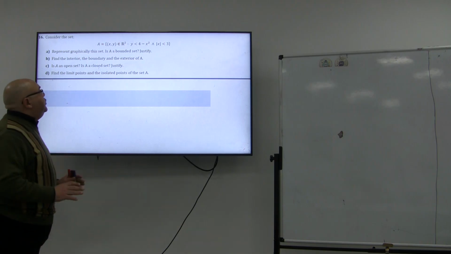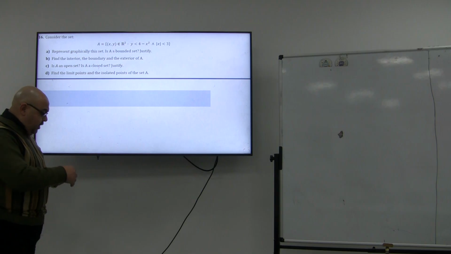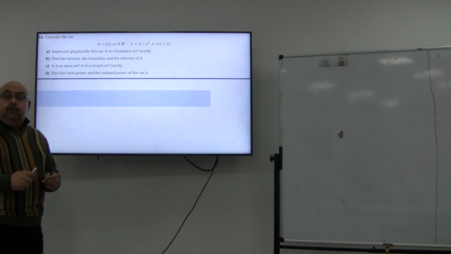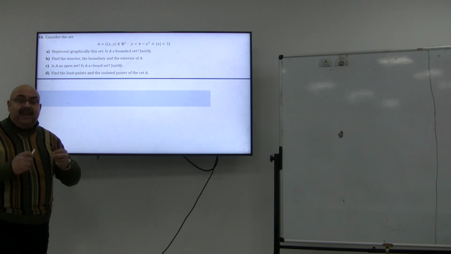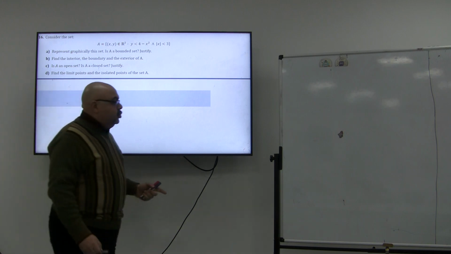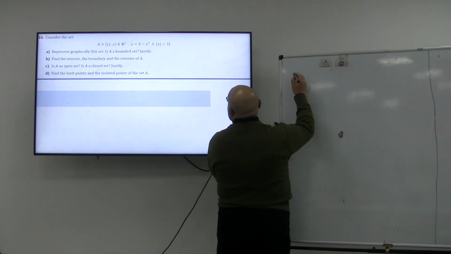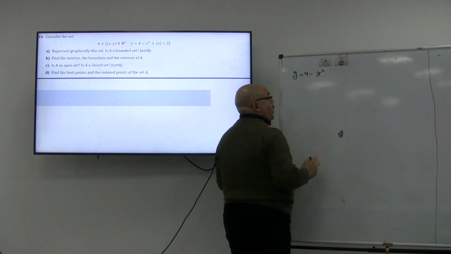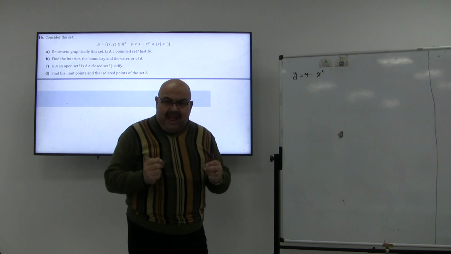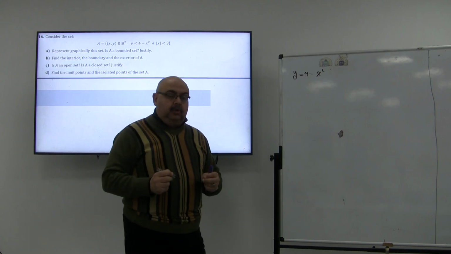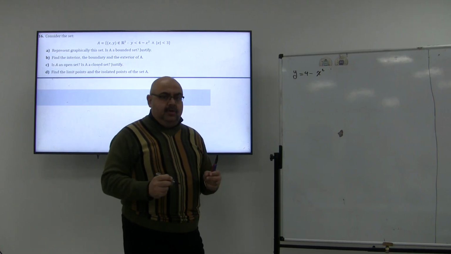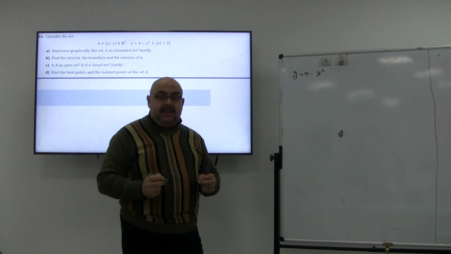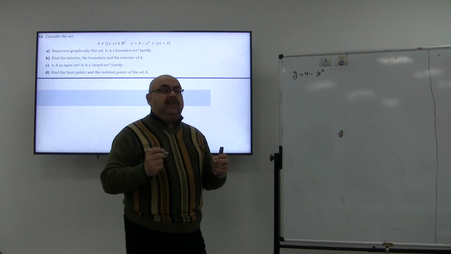So the first thing to do is to try to understand the nature of your curves. The first of them is, as you can see, y equals 4 minus x squared. Understanding your curves will help you greatly in order to draw them and to understand what's happening.